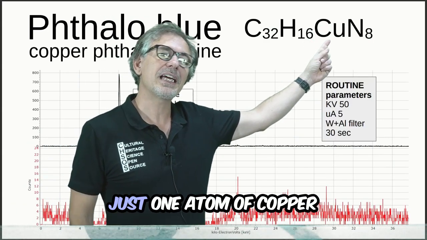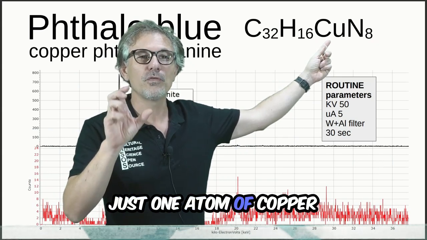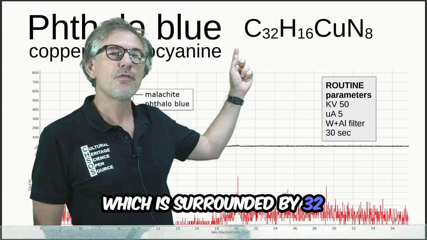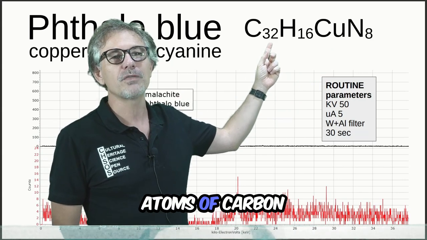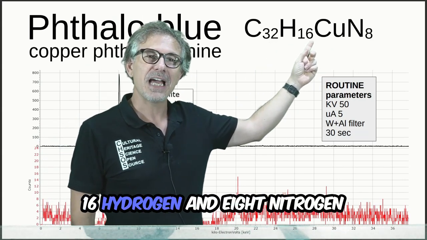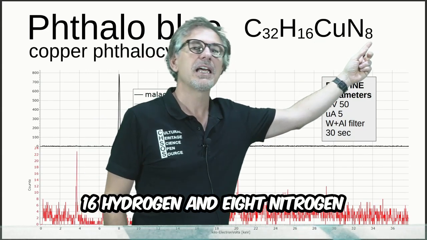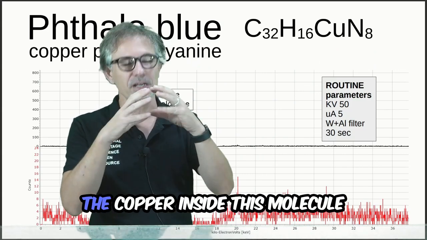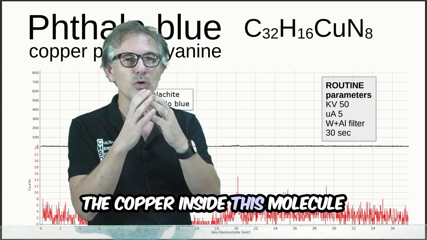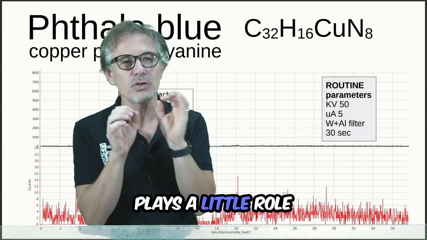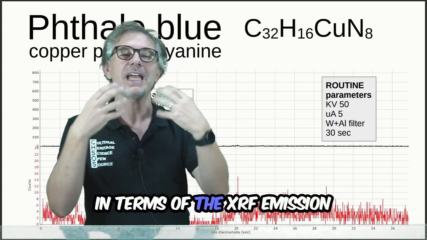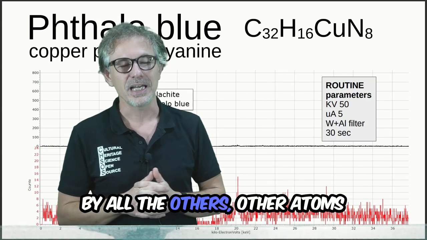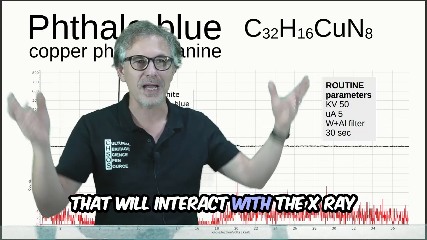We have just one atom of copper, which is surrounded by 32 atoms of carbon, 16 hydrogen and 8 nitrogen. In this kind of molecule, the copper plays a small role in terms of the XRF emission, because it's surrounded by all the other atoms that interact with the X-ray.